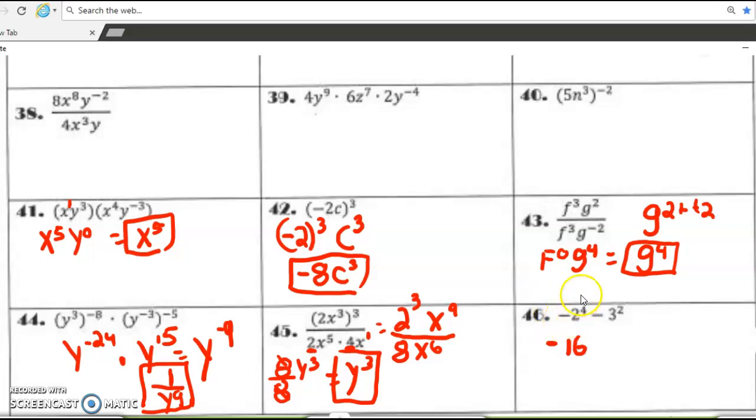Now, if it was in parentheses, then you'd do 2 to the fourth power, and that would become positive, all right? So a little bit of a trick there. That's 9. So keep, change, whatever you want to call it, and we've got negative 25. All right, so again, remember, they didn't have the same bases, right? So we just evaluated them separately, did the problem. All right, we're done.